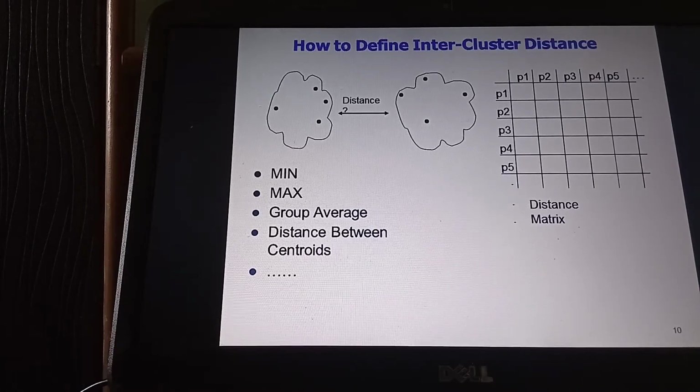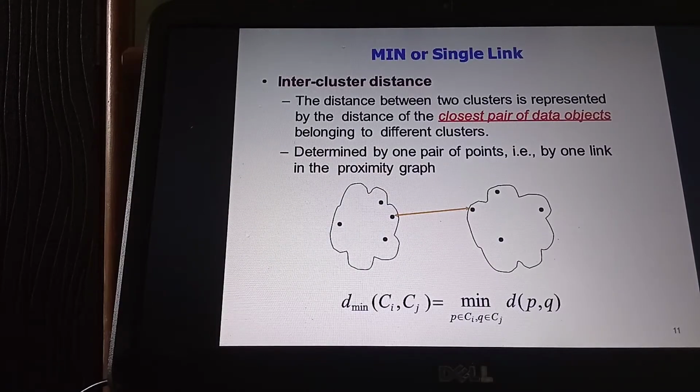The first one, min, is also called single link. Intercluster distance: the distance between two clusters is represented by the distance of the closest pair of data objects belonging to the different clusters, determined by one pair of points, that is, by one link in the proximity graph.